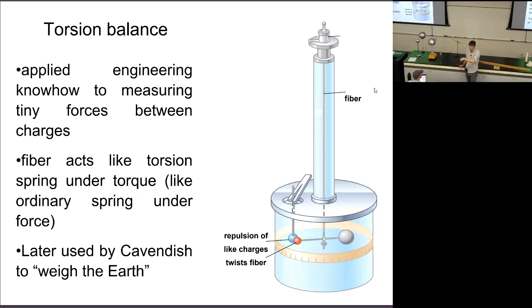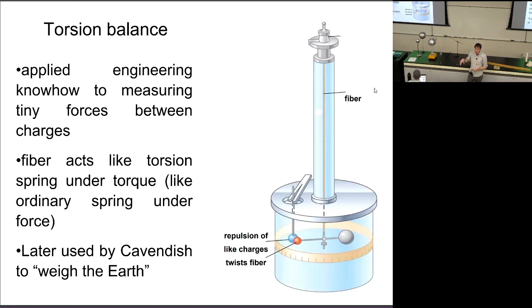He's got an electrical force, no gravitational force. It's twisting the fiber, not stretching the fiber. But again, in this torsion balance, you measure the electrical force by balancing it against this kind of spring force of twisting the fiber. So that's how it all works. It was later used for a very famous experiment, not in the context of electricity, but in the context of gravity.